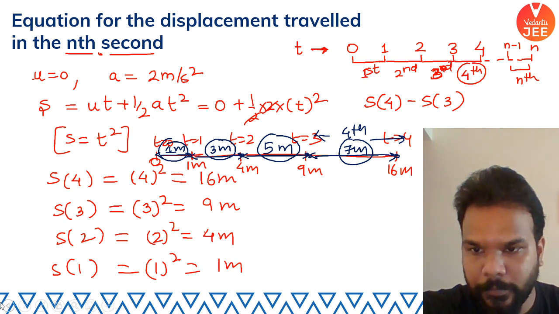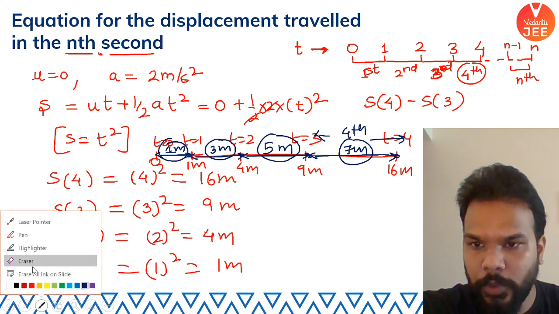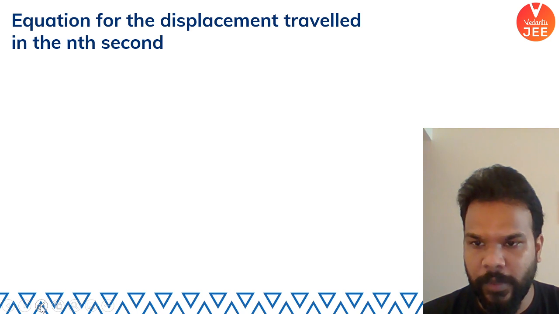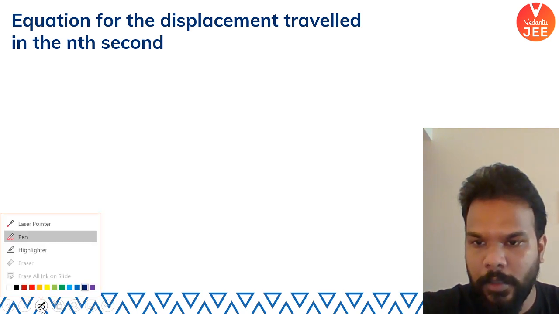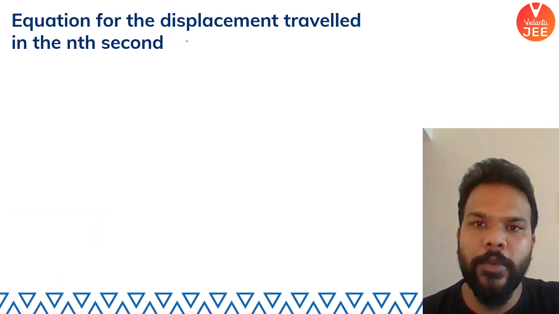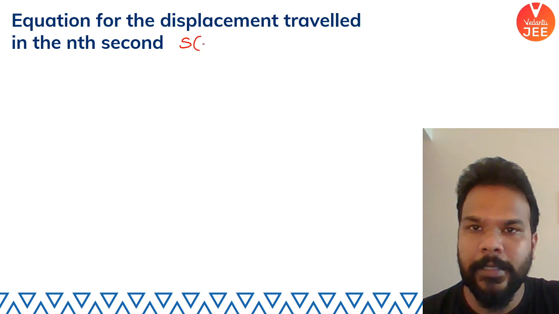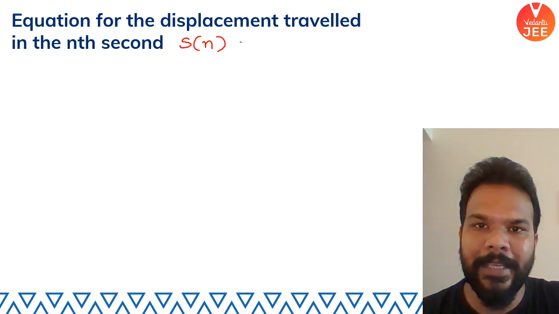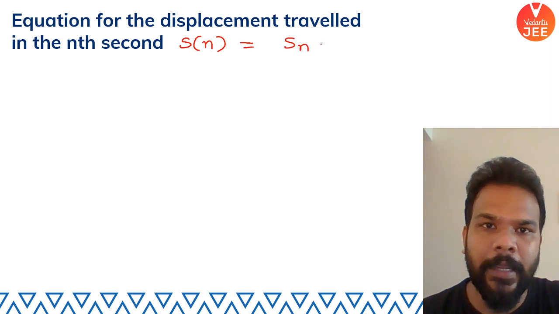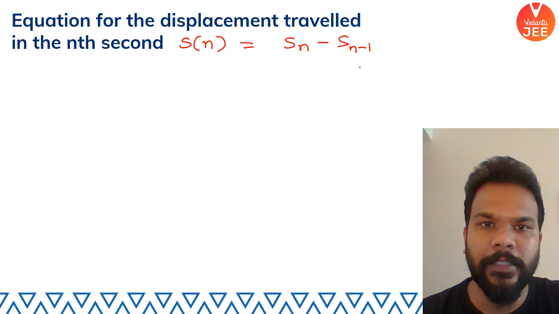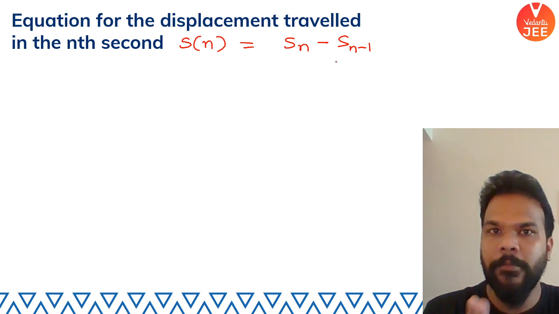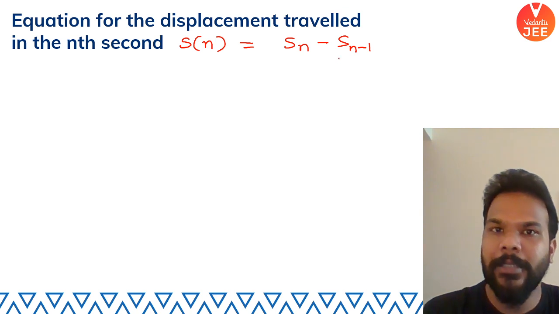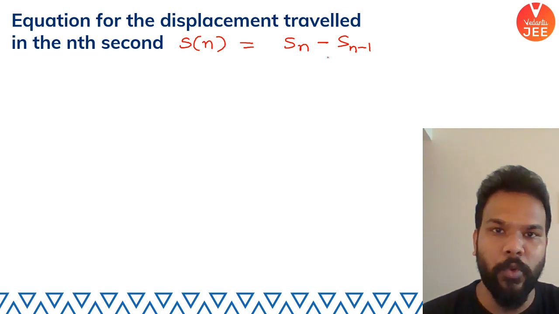Okay, cool. So let's erase this and go find out the formula for it. So we are going to represent it as Sn, and I'm going to find Sn as Sn minus S(n-1). Okay, for the nth second, the amount of displacement traveled in that time minus the displacement traveled till a second before that.